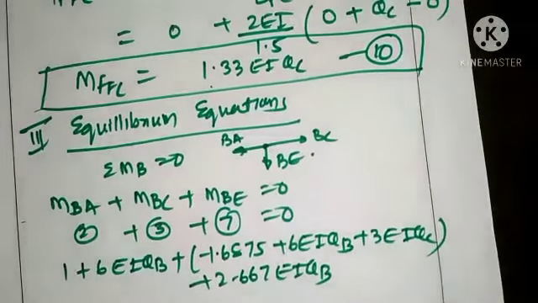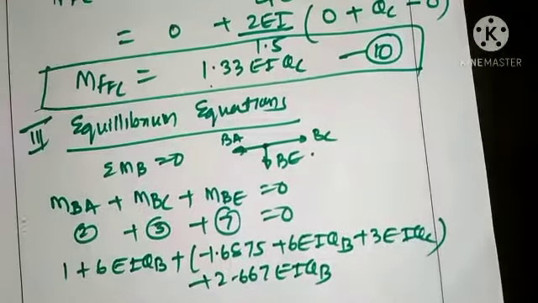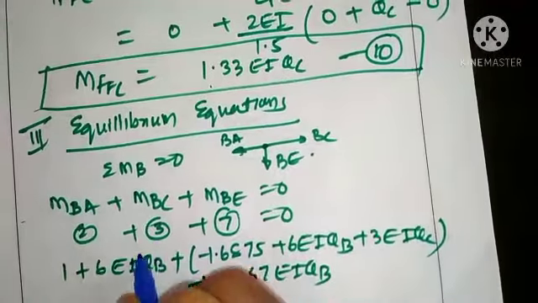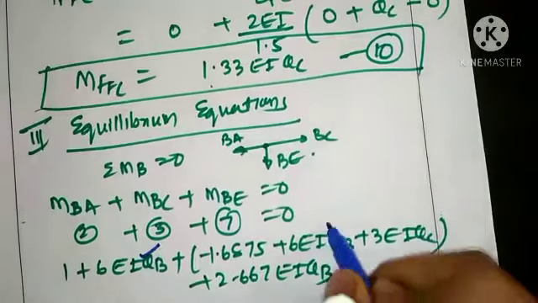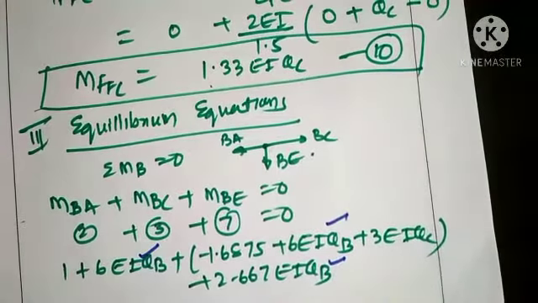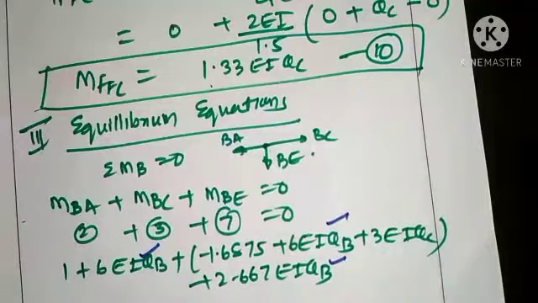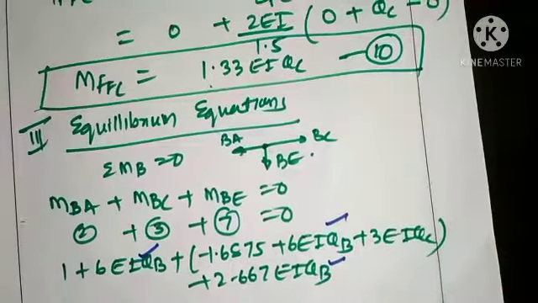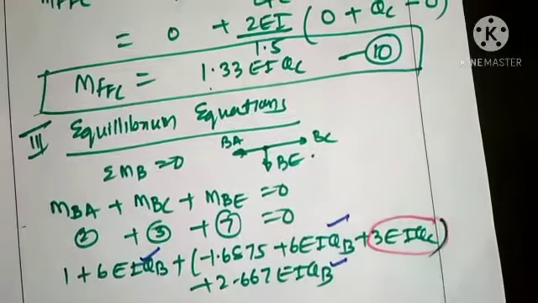When I consider these like terms, EI theta B and EI theta B, whereas there is a single value of theta C here.